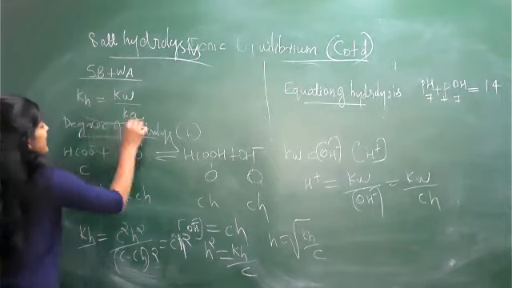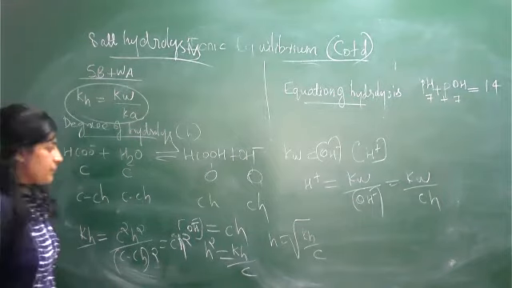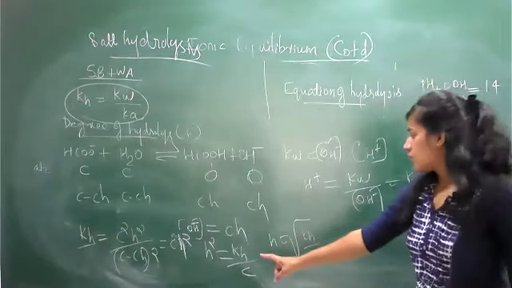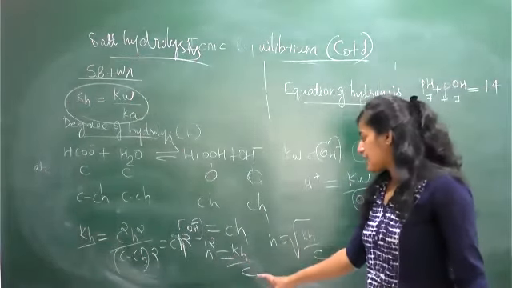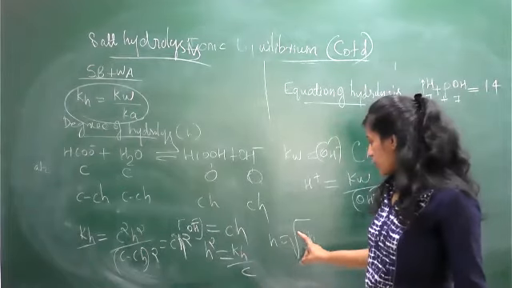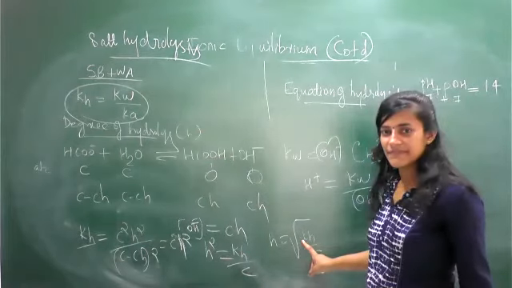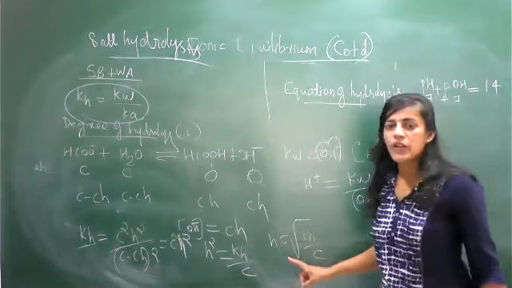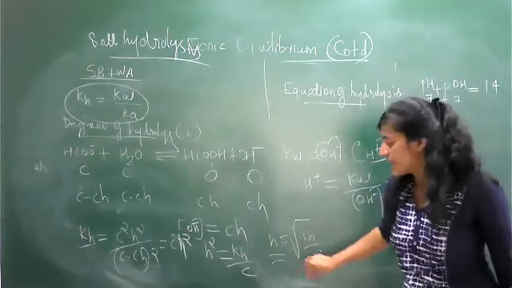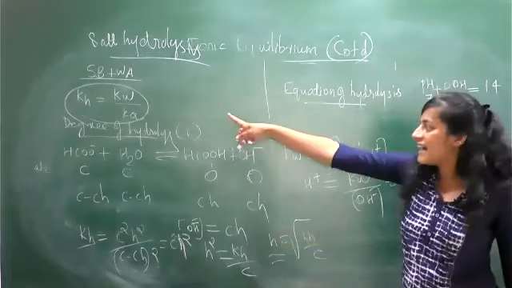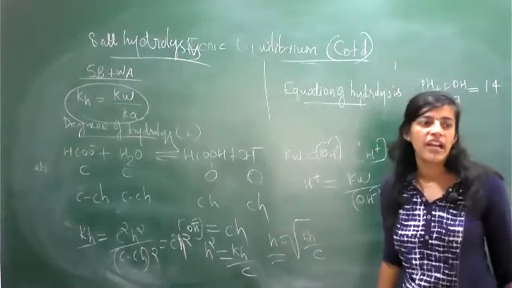This much clear? Okay. h square is equal to Kh divided by C. h is equal to root of Kh divided by C. That Kh we want to substitute here, because we are searching for the result of h. Kh you don't know, but Kw and Ka are provided in your question.